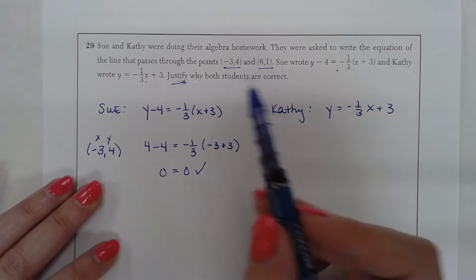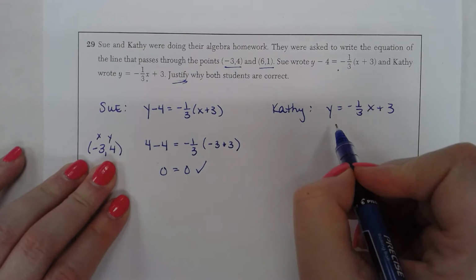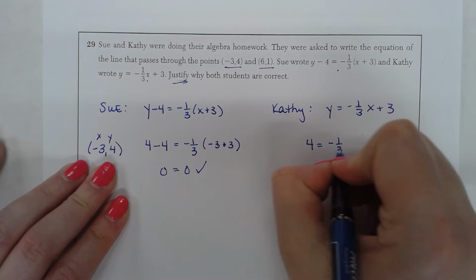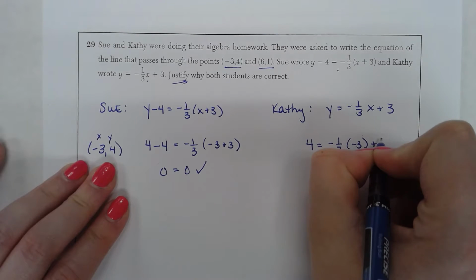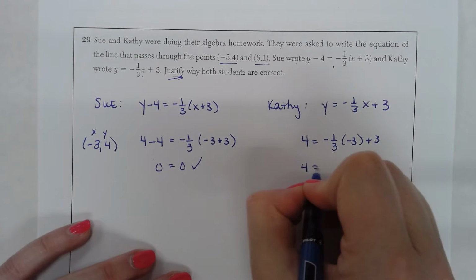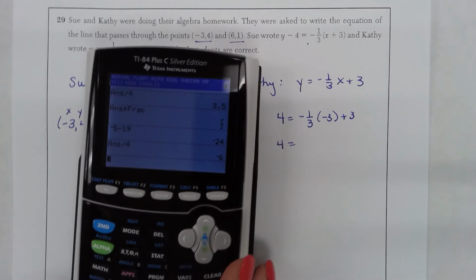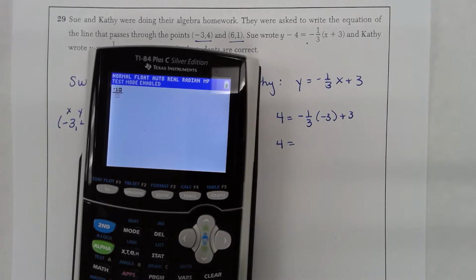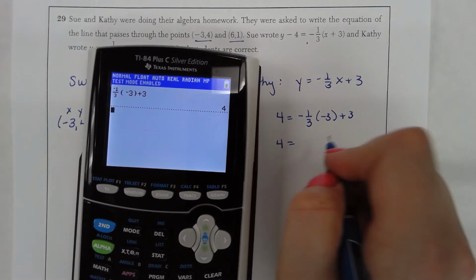Now I'm going to take the same point and substitute into Kathy's equation. Get my calculator out for this one. Negative 1/3 times negative 3 plus 3, and I've got a 4.